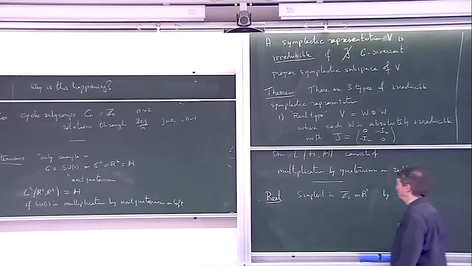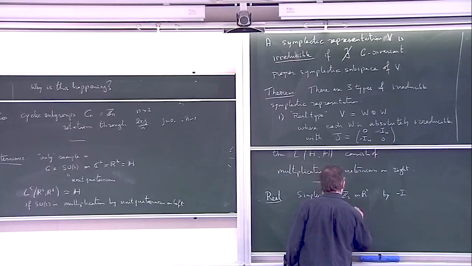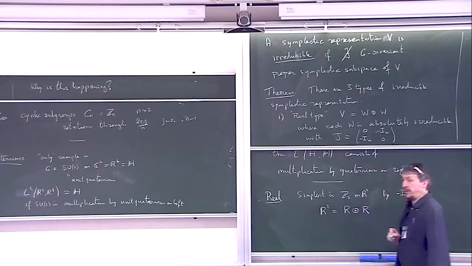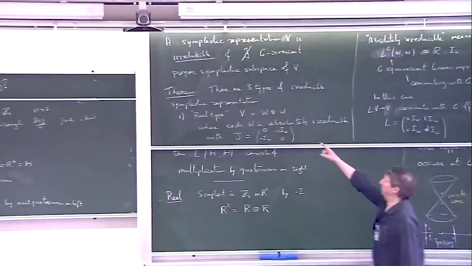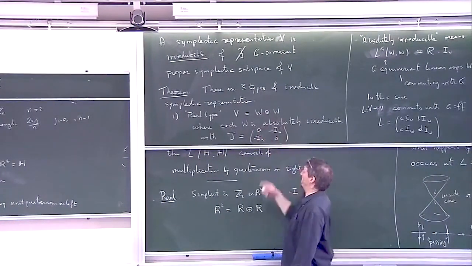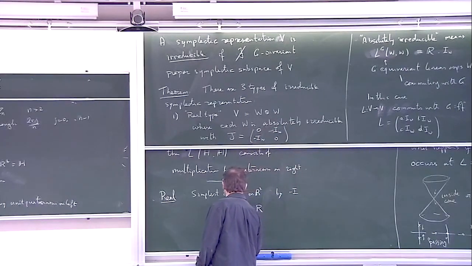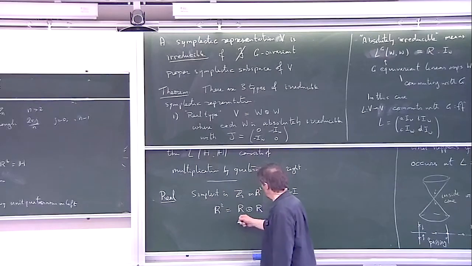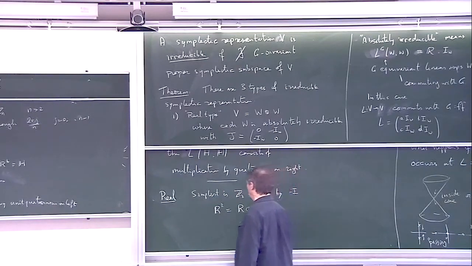Then R2 is R plus R. So that's this type here. And of course, R is irreducible. And here, the Z2 is -1 and -1. Right? Not so interesting.